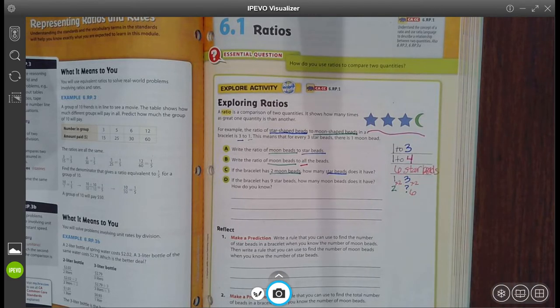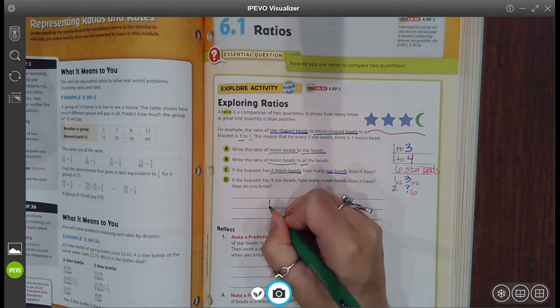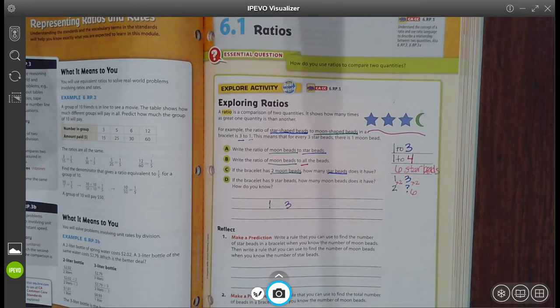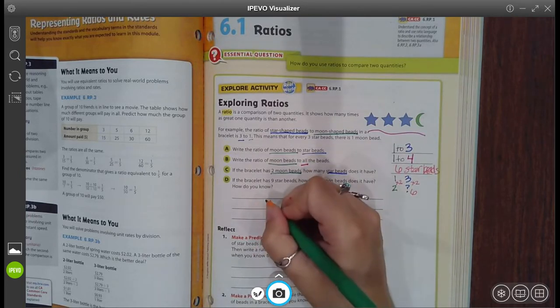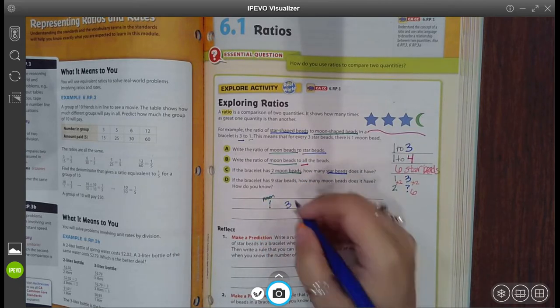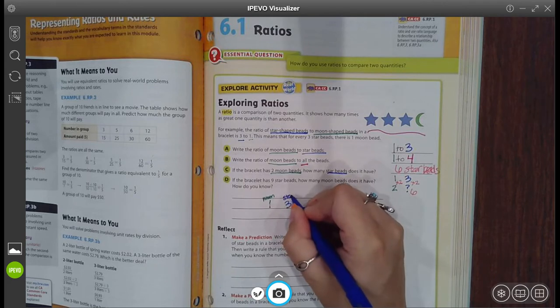Okay, so let's go a little bit further. If the bracelet has 9 star beads, how many moon beads does it have? How do you know? Well, let's use that same logic, okay? So we know the ratio of 1 to 3. 1 is representing the number of moon beads. 3 is representing the number of star beads.